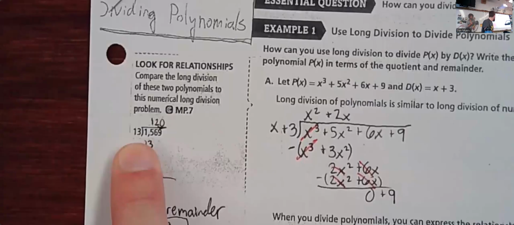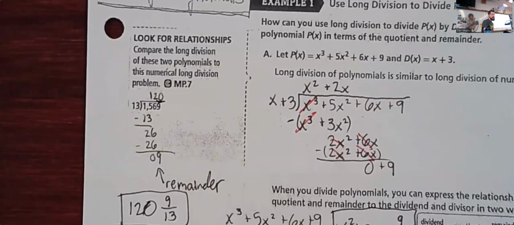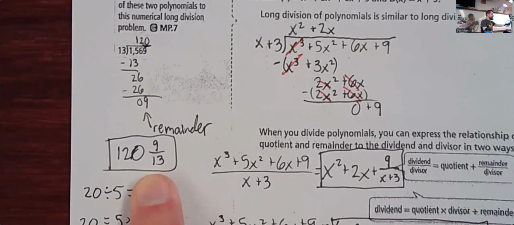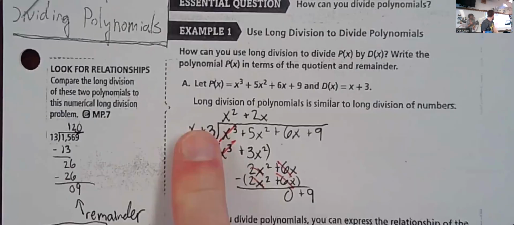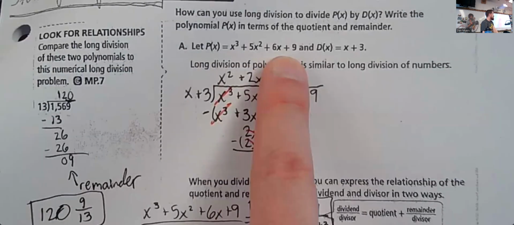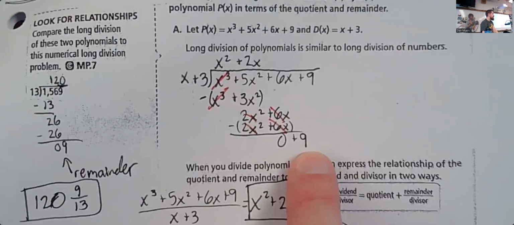13 is not a factor of 1,569 because there's a remainder, right? If you have a decimal or a remainder, the thing you divided by is not a factor of the thing that got divided, right? It's a factor only if it divides evenly. We're all aware of that, right? So like factors of 10 would be 5 and 2. So what that means is with this first one, x plus 3 is not a factor of this polynomial because we have a remainder of 9.